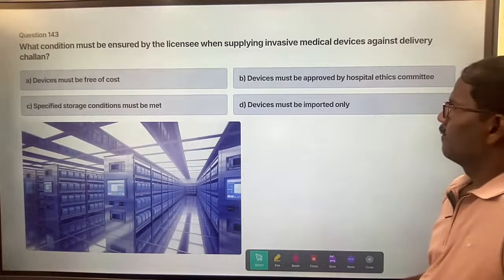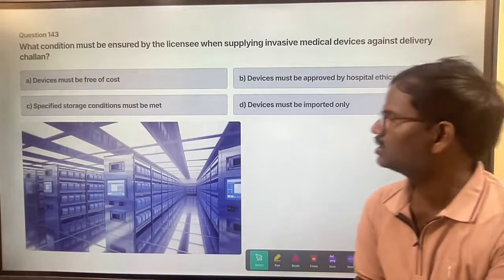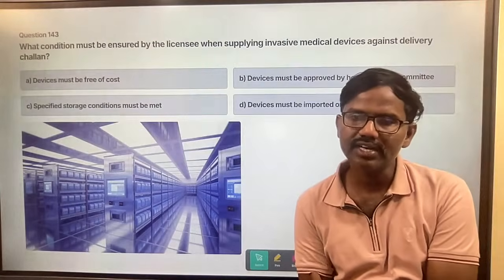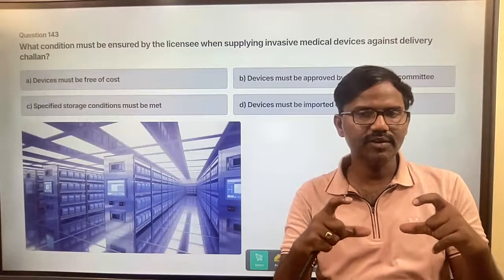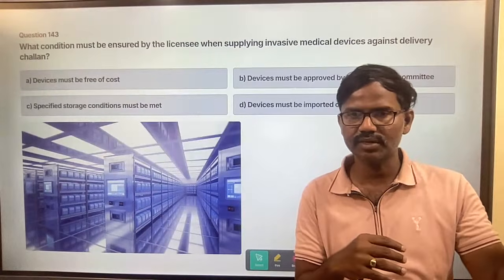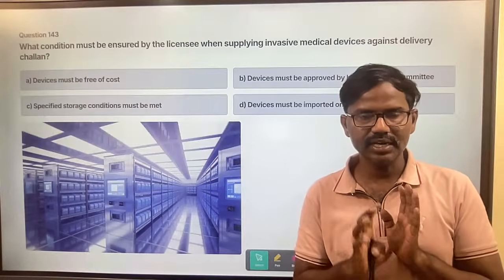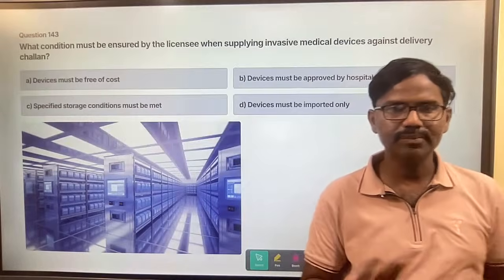Yeah. What is the answer? Against delivery challan? C. Specified storage conditions. Very good. Okay. Specified storage conditions are always maintained. You no need to make the official invoice, the GST invoice, or get permission from the administration. If somebody requires a surgical medical device for surgery purposes, you no need to go for official bills.